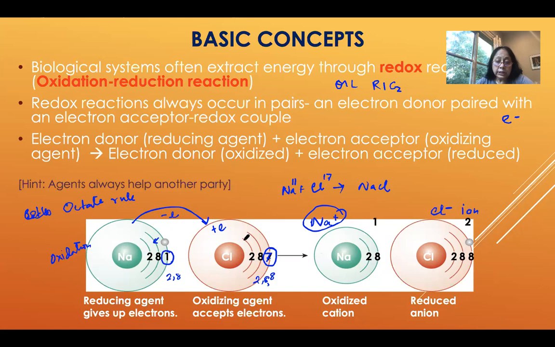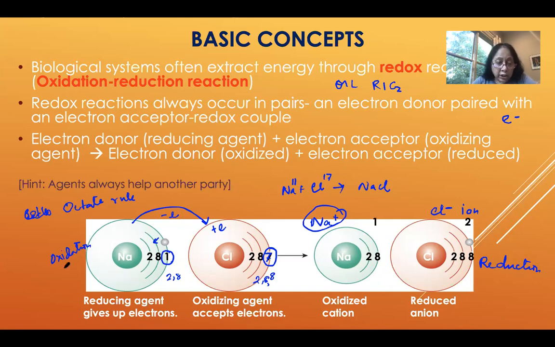When chlorine gains 1 electron and converts into a negative ion, that process is called reduction. And this reduction and oxidation always go together.